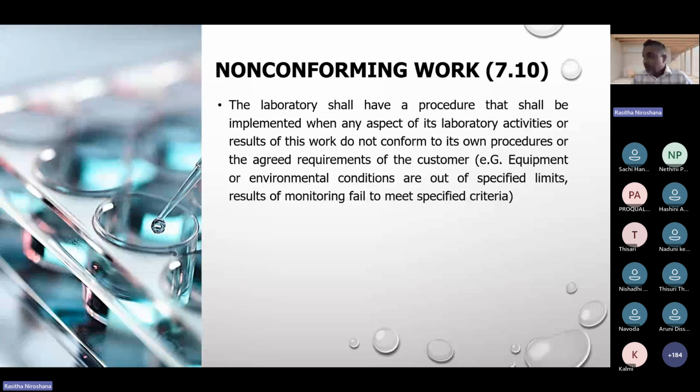Right now in Sri Lanka we are having a situation where we can't import a lot of things. So maybe your reagent or your standard solution can be expired. Those can be situations you face, which are non-conformities. So you do analysis and try to identify the corrective action as well. This is a very important part.